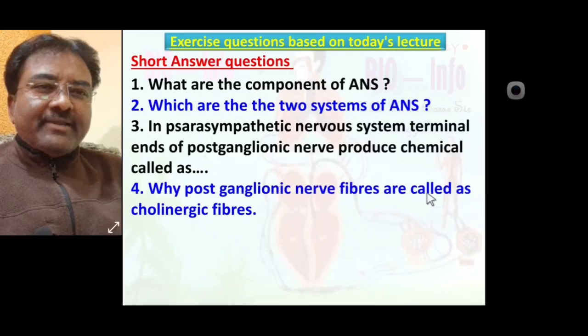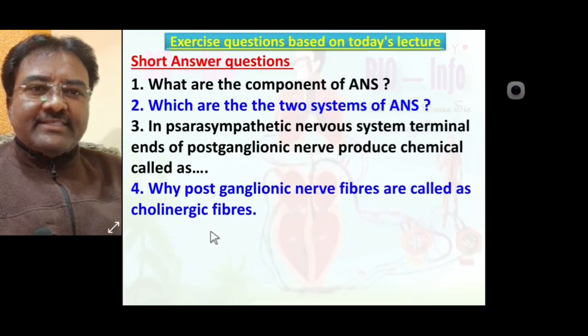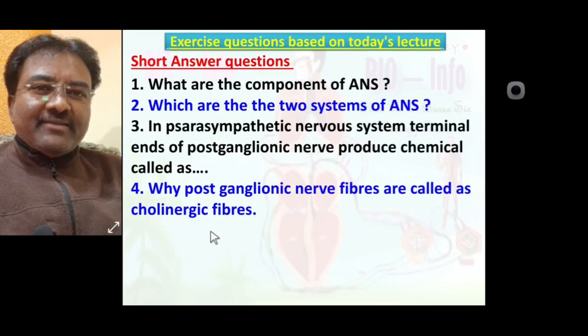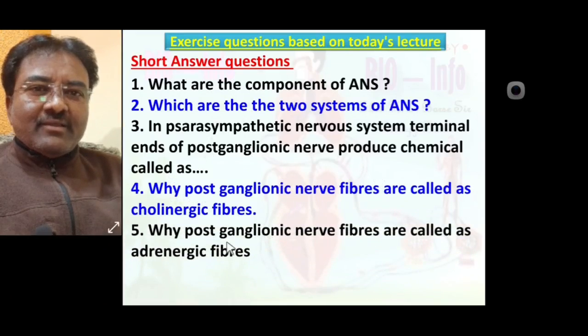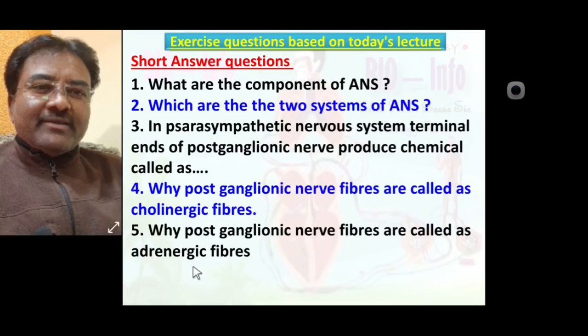Post-ganglionic nerve fibers are called cholinergic fibers because post-ganglionic nerve fibers produce acetylcholine, so we call them cholinergic fibers. Why are post-ganglionic nerve fibers called adrenergic fibers? Because post-ganglionic nerve fibers produce adrenaline and noradrenaline, so we call them adrenergic fibers.